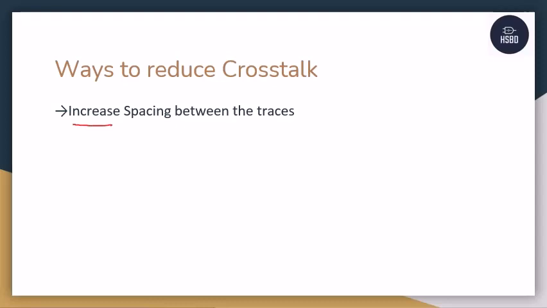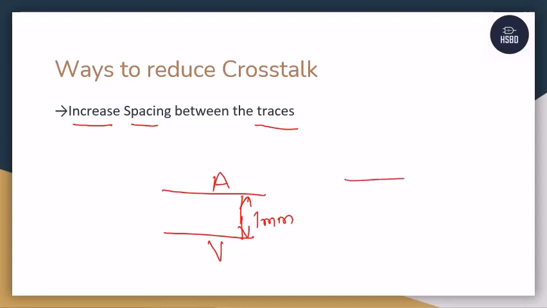First of them is increasing the space between the traces. For example, if you have two traces, one of them is the aggressor and the other one is the victim, and there is 1 mm of distance between both the traces, or we call it spacing between both the traces, and you are getting crosstalk here. So you are getting the near end as well as far end crosstalk here.